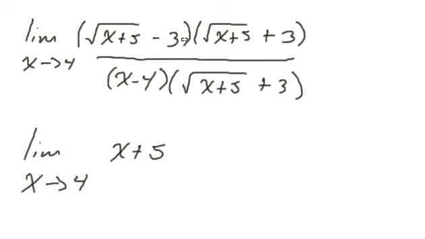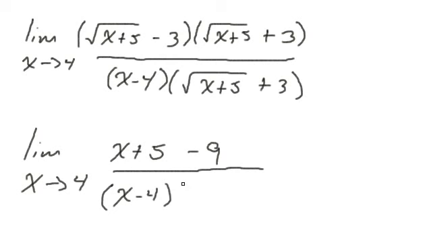Because this is a plus and this is a minus, that middle stuff, when we multiply it out, is going to cancel out. So we're just left with negative 3 times positive 3, which gives us negative 9, over, I'm just rewriting the denominator.